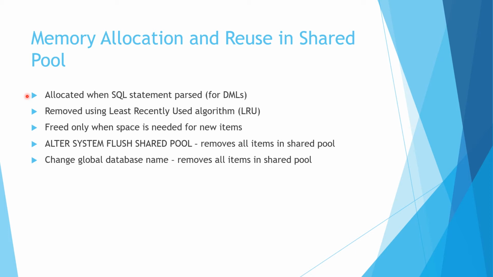Shared pool memory is managed using the least recently used algorithm. Space is freed only when it is needed for new items. To remove all the contents of the shared pool, the alter system flush shared pool command can be executed. Changing the global database name will also flush the shared pool.